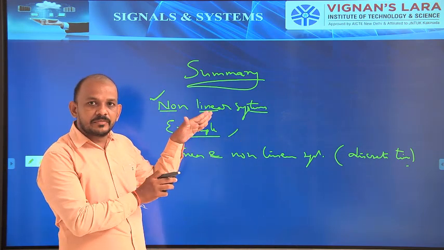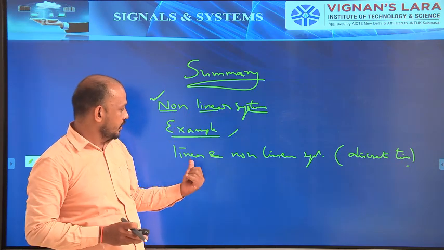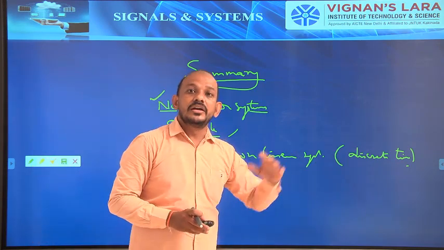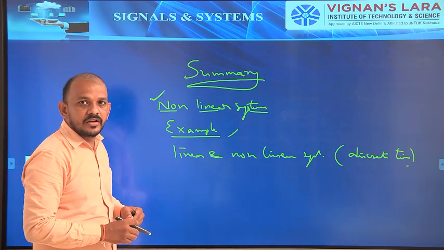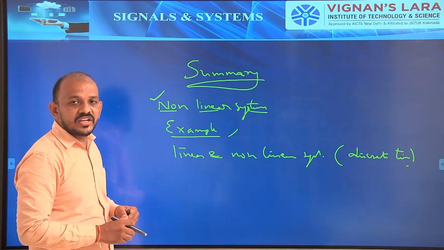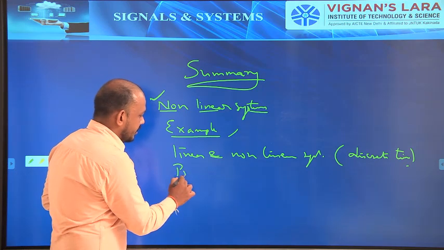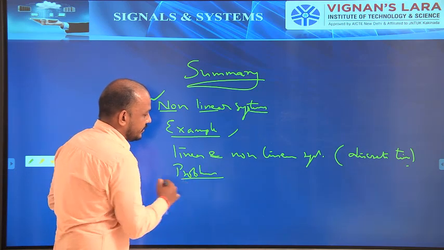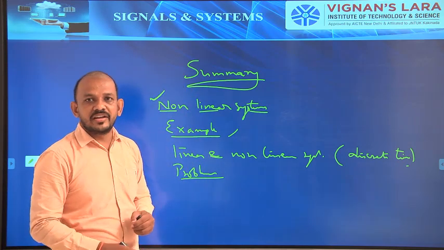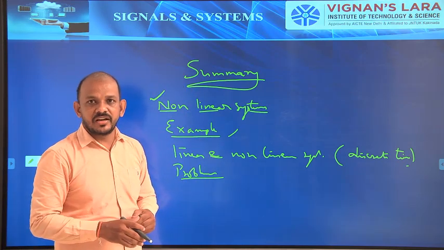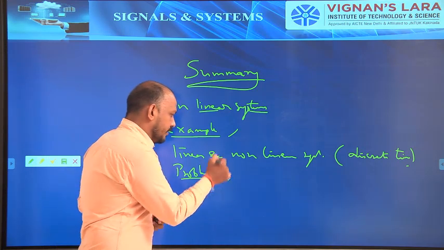With diagrams and equations, I explained the concept of linear and non-linear systems of discrete time. Finally, I gave some problems for your practice to check whether the given signals are linear or non-linear. I explained the procedure of how to check, and I asked you to do it for your practice.